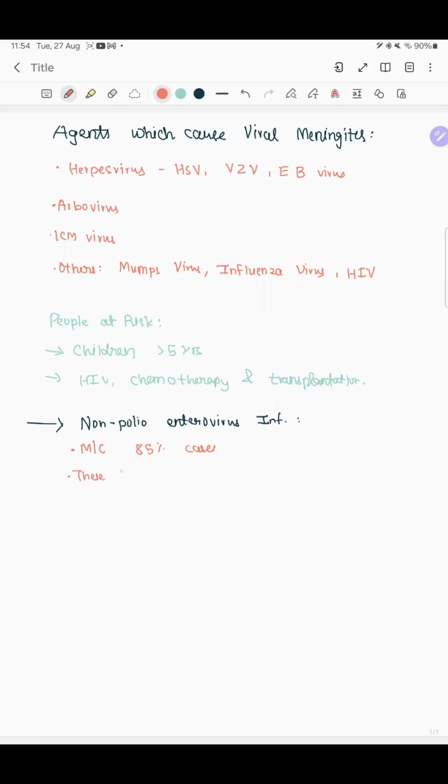These affect any age group, so it's not necessary that it should be a child, an adult or a geriatric patient. Non-polio enterovirus infections consist of different viruses. These are Coxsackie viruses, echoviruses, and enteroviruses.